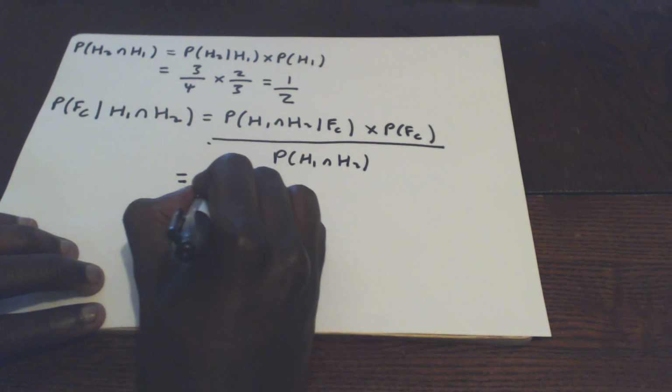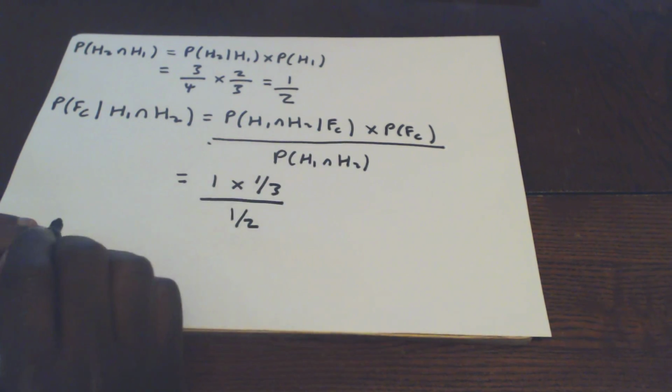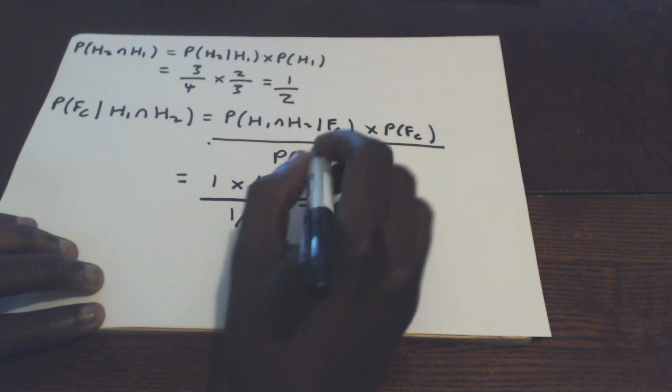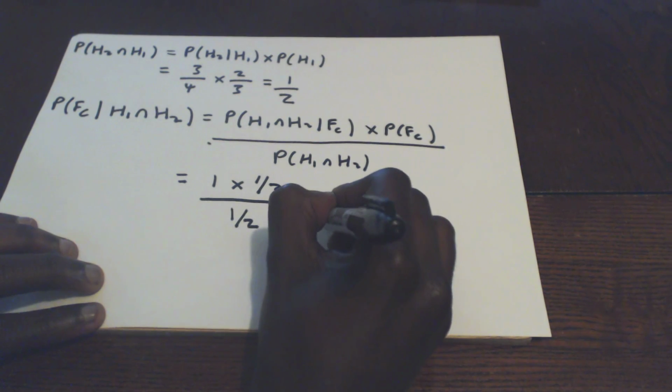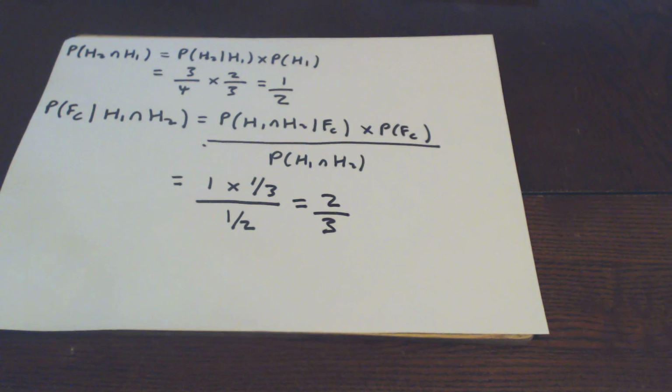Well, we already got that from part 1. That was 1/2. So now we have 1/3 over 1/2. Take the 2 to the top, you get 2/3.